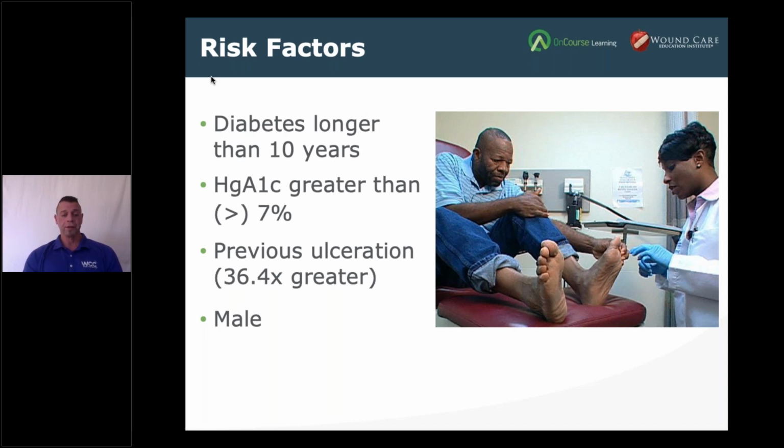Having a previous ulcer is going to increase their risk by 36 times. Males, sorry guys, we are going to be at higher risk if we're diabetics, because it's been shown that females are less likely to develop or have a lower incidence of neuropathy and peripheral arterial disease in the lower extremities.